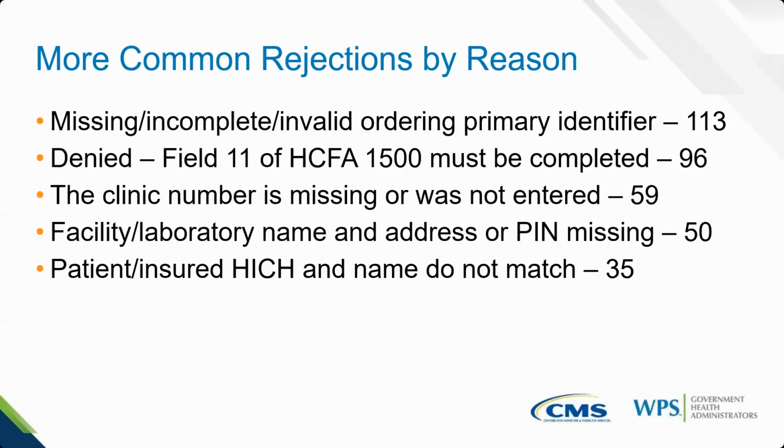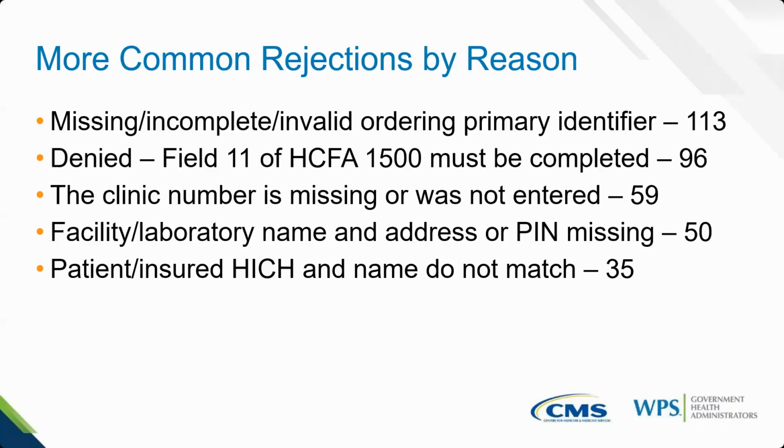This might be a situation where that number may just have been keyed incorrectly, making it invalid. Maybe some of the numbers in the identifier were missing, or it was an incomplete identifier. Either way, you would need to put a valid ordering primary identifier on that claim. Follow the claim form instructions so you know where it goes on the claim, and resubmit that claim to Medicare.